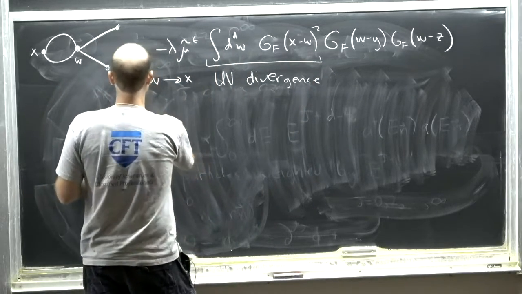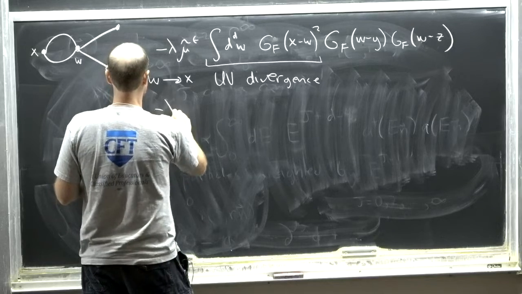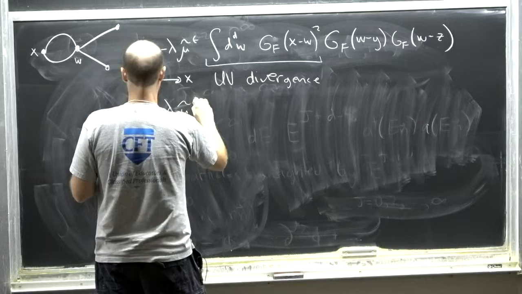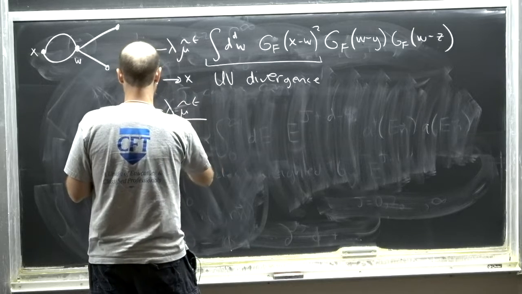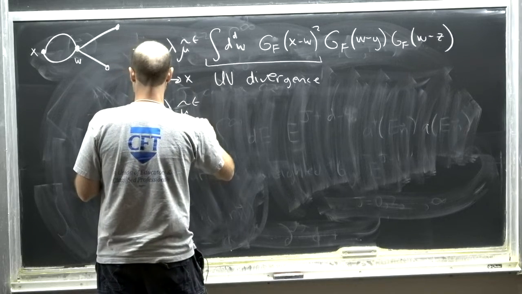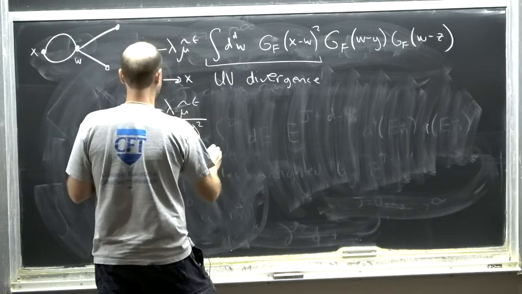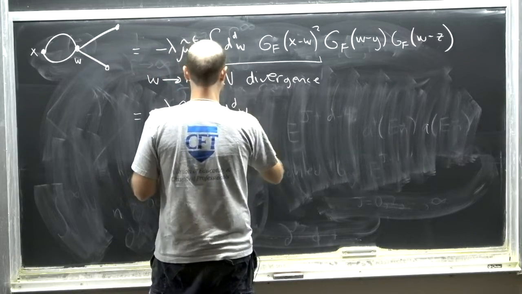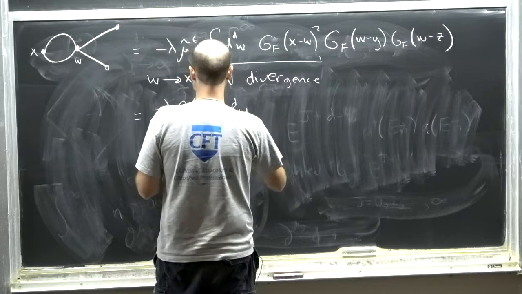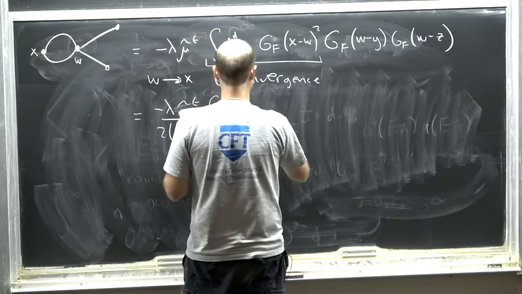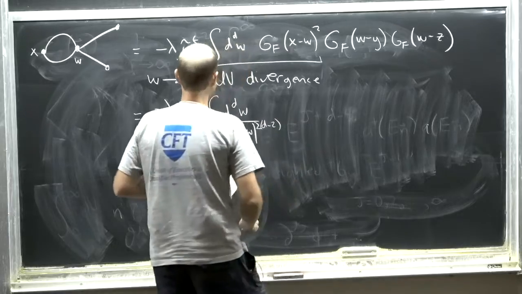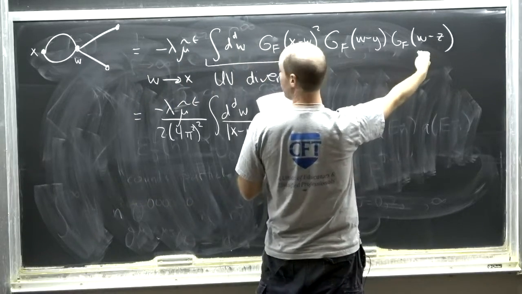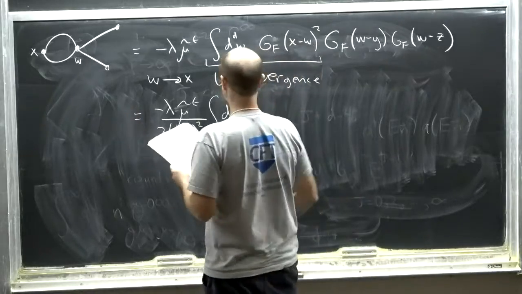So we can plug in our formula for the Feynman propagator. And we get this integral dw over |x minus w| to the 2 times (d minus 2). And then what it multiplies is just the tree level answer for the 3-point function.